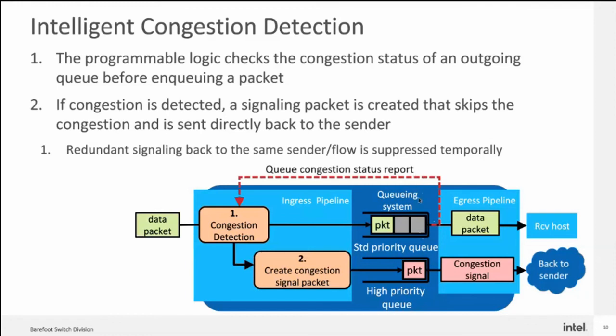This hardware block does nothing else but provide the QDepth information directly from the queuing system to the ingress pipe. It's a specific hardware block that does not exist in Tofino 1. In Tofino 1, you can only achieve the same thing by recirculating a packet. Yeah, we know that. Thank you very much.